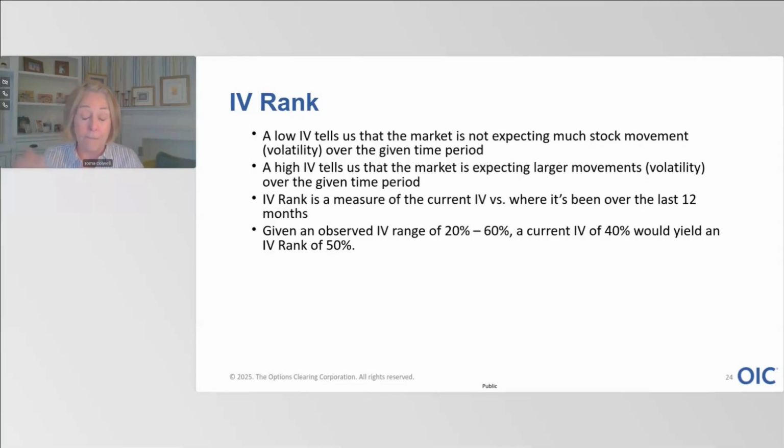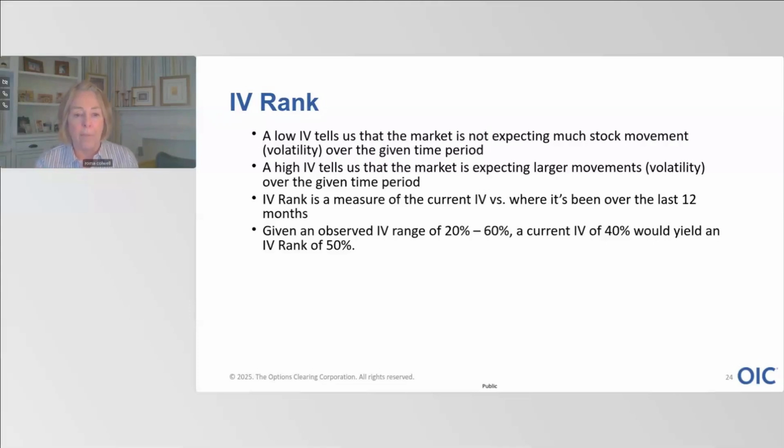So when I mentioned earlier where I know this is low, this is high, this ranking is kind of a twist on that same concept, right? So implied rank measures where it's at now versus where it's been in the last 12 months.